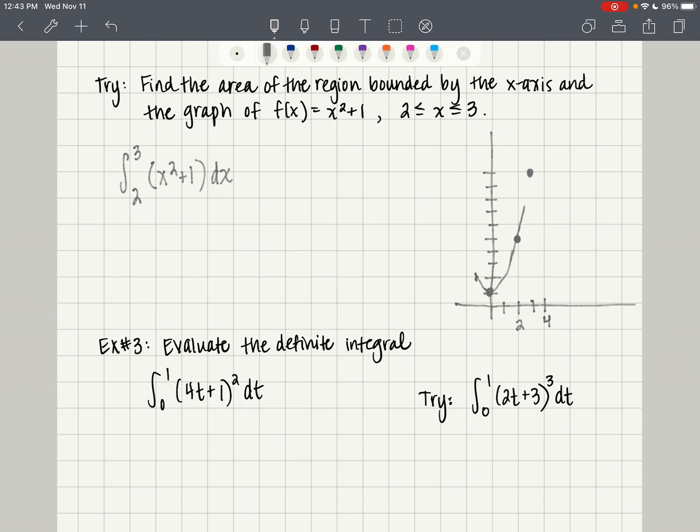So I've got that curve from x equals 2 to x equals 3, and you can see that we're going to be finding the area of this shaded region.